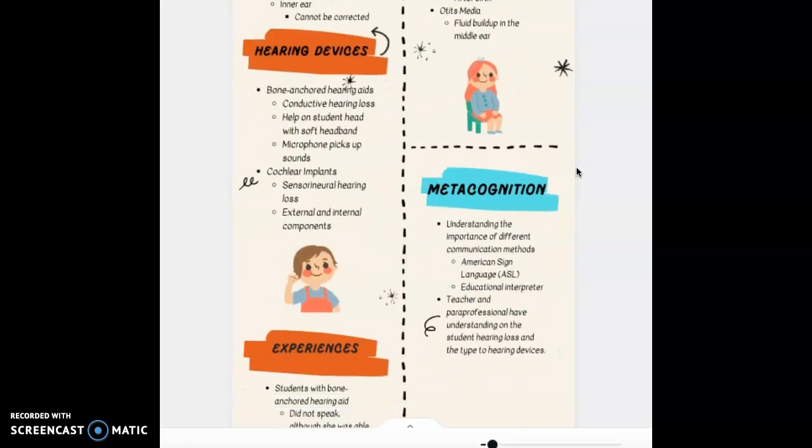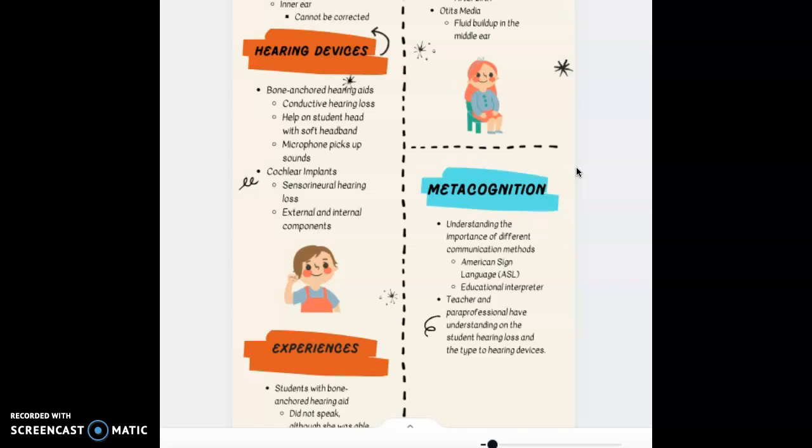And basically in this chapter, the metacognition is to understand the importance of the different communication methods to give the students. So if the student is facing hearing loss, to also provide other methods of communication. One good example would be using American Sign Language, and within American Sign Language, providing educational interpreters in the classroom if needed.